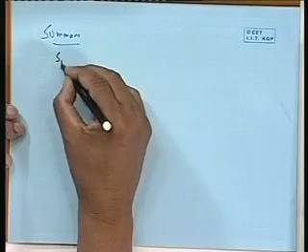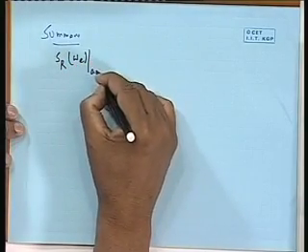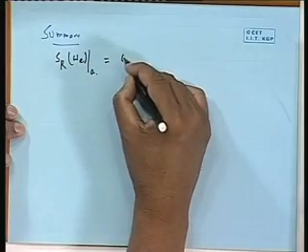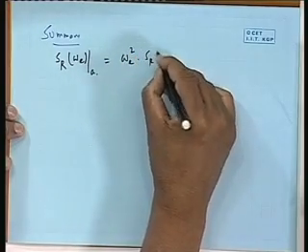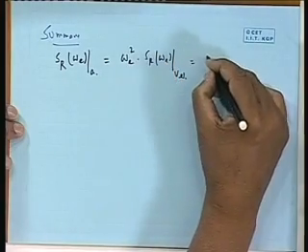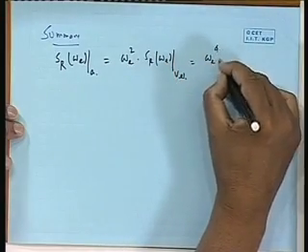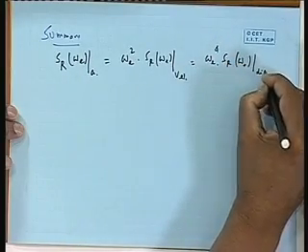I am writing this way: SR omega e acceleration equal to omega e square into SR omega e velocity, equal to omega e to the 4 SR omega e displacement.